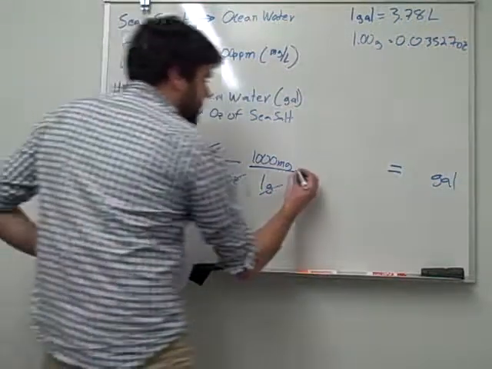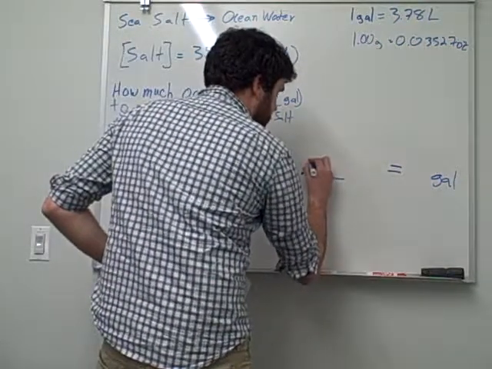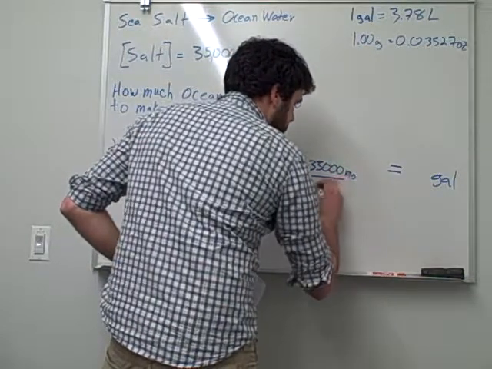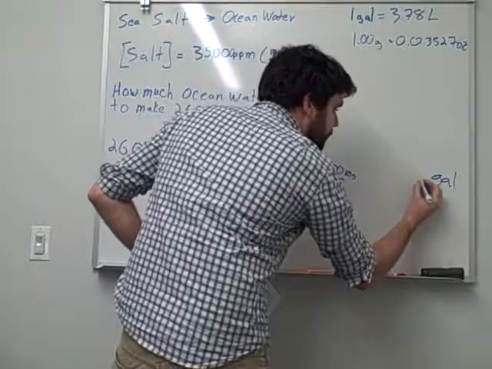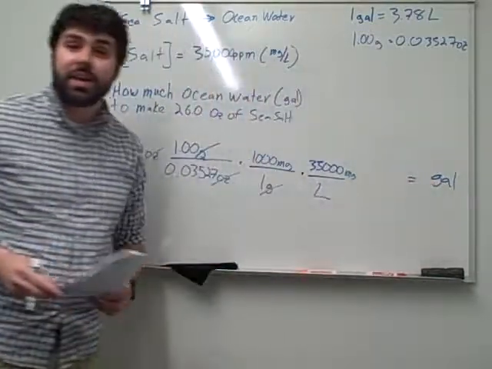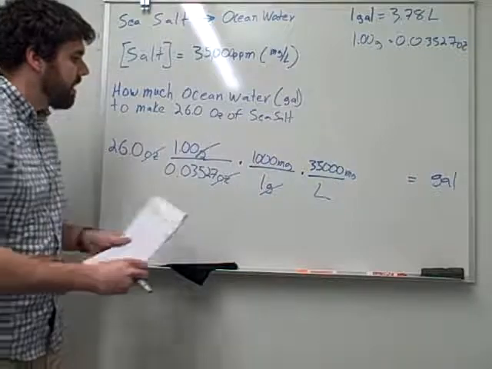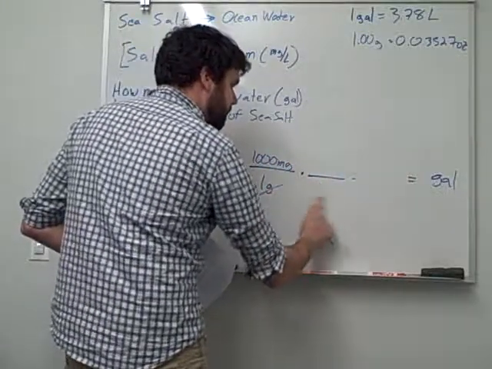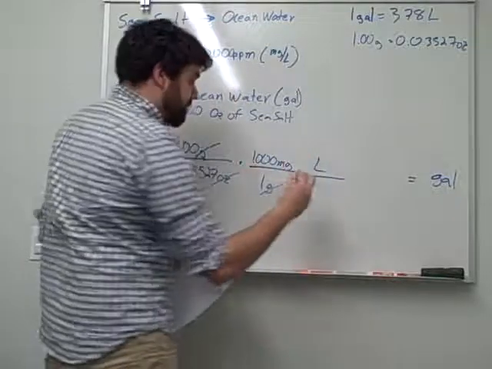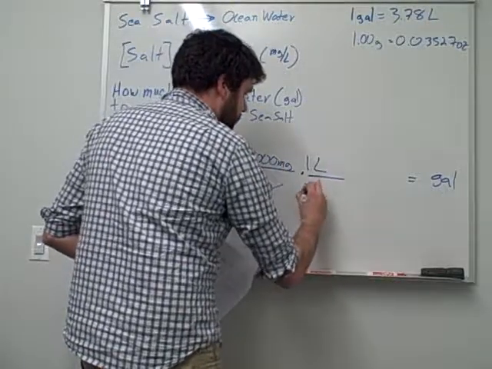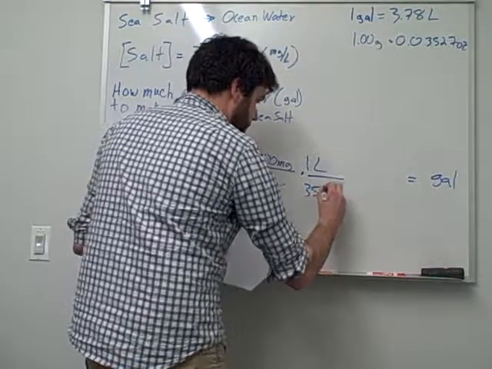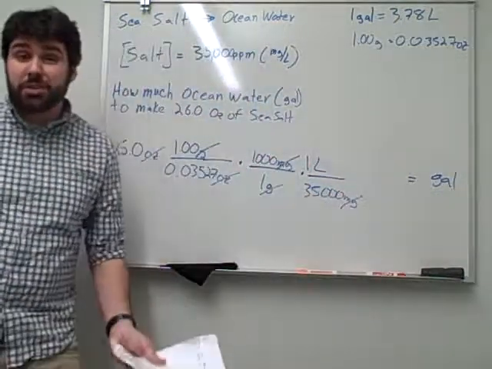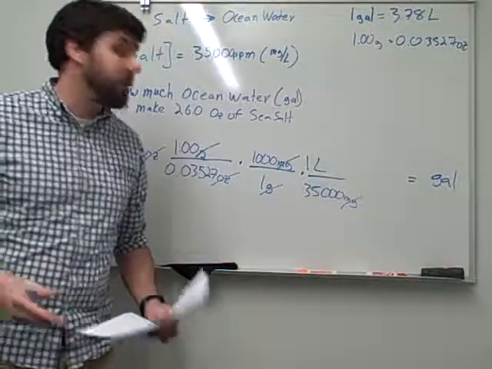So we use our concentration here, and this is 35,000 milligrams per liter. I'm just going to move our equal sign a little bit further over. Essentially, I've also done this backwards. Remember, our units have to cancel. So 1 liter per 35,000 milligrams. It's often a good check. If your units don't wind up canceling, you've probably done something incorrectly.